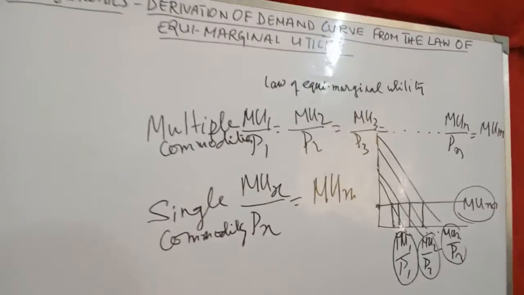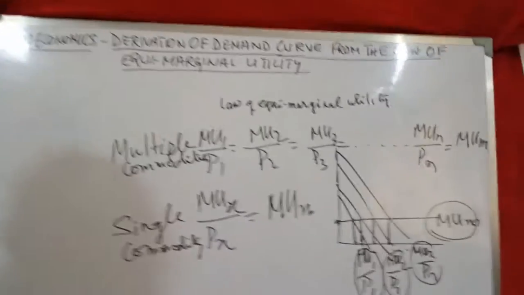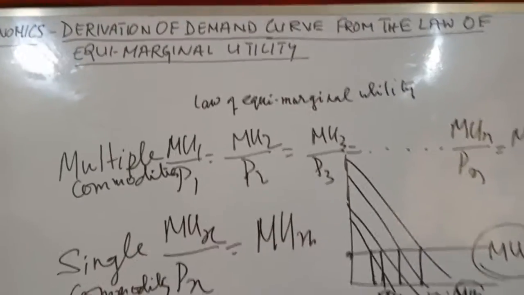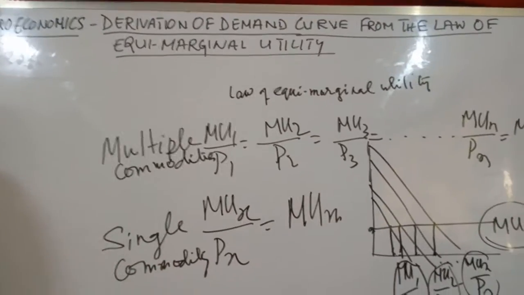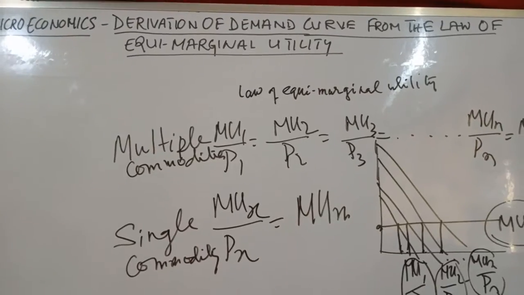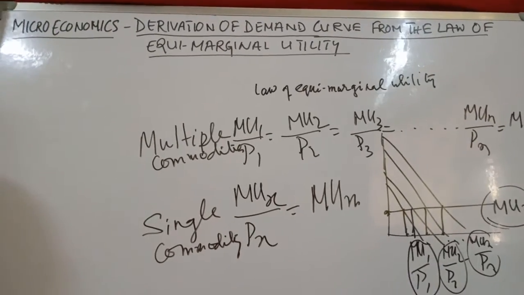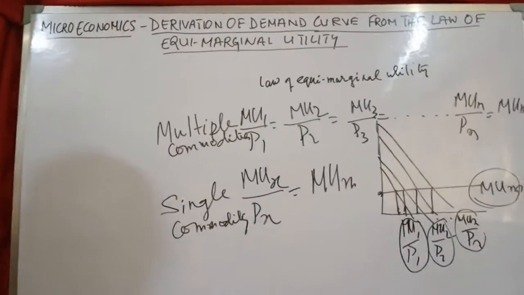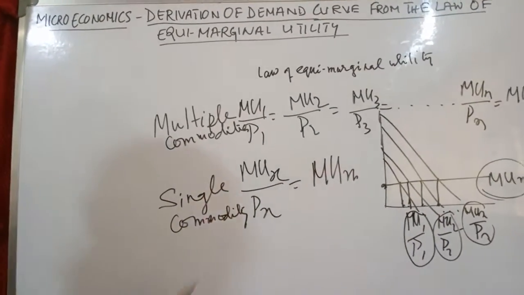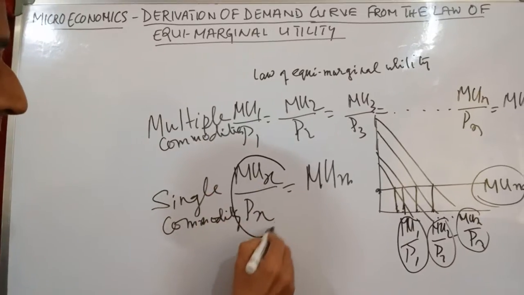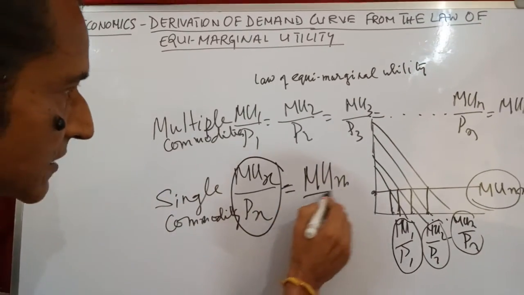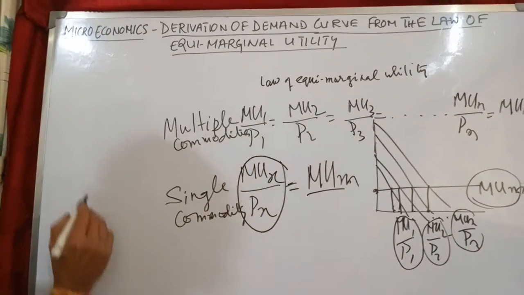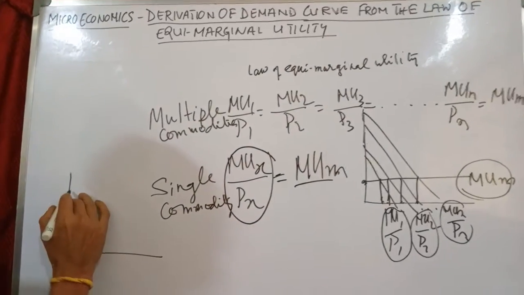Right? So when the consumer is consuming only one commodity, then the consumer maximizes his satisfaction by consuming that many quantities where his MUx by Px becomes equal to his marginal utility of money. And so the graph becomes like this.